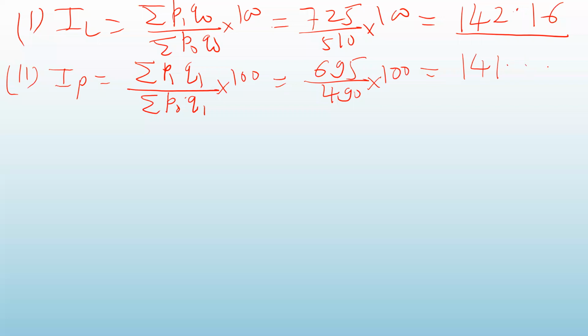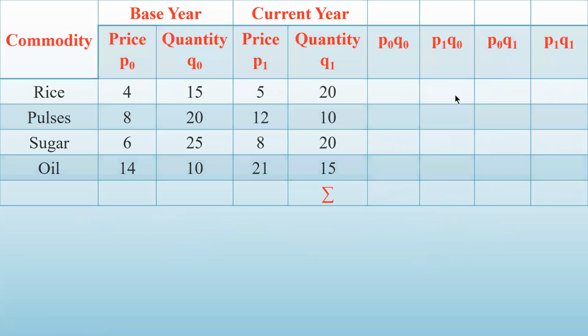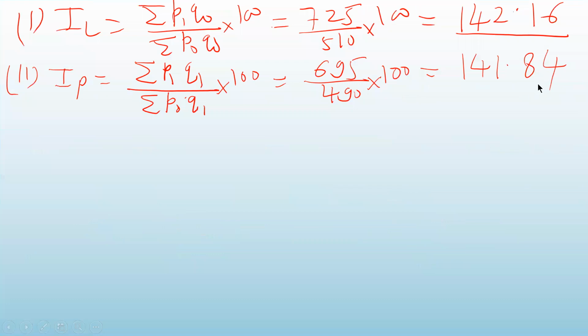So you can take it as 141.84. So we have calculated that the summation of P1 Q1 is 695, and 695 divided by 490 into 100 is 141.84.